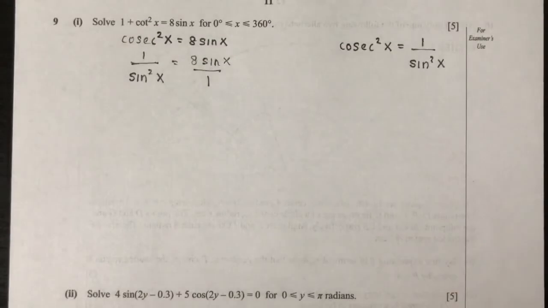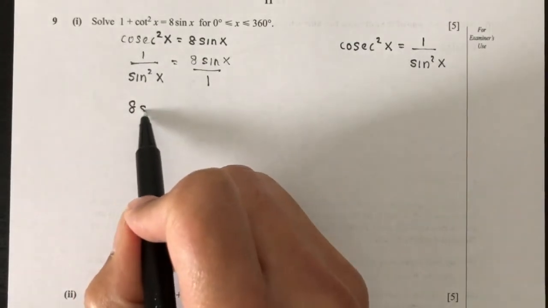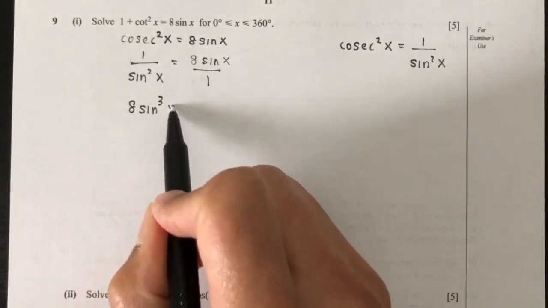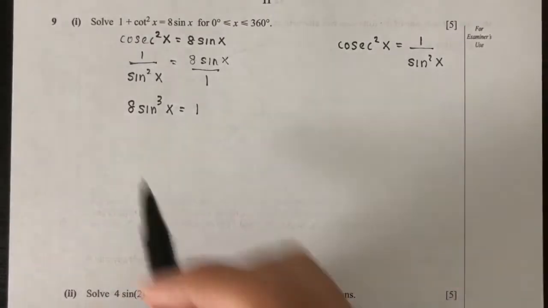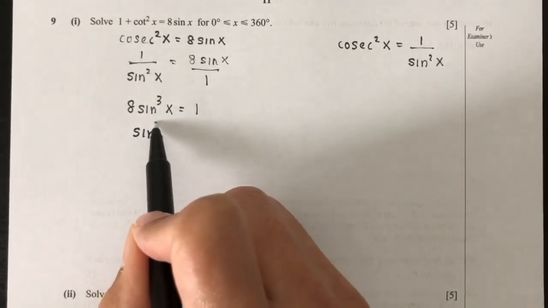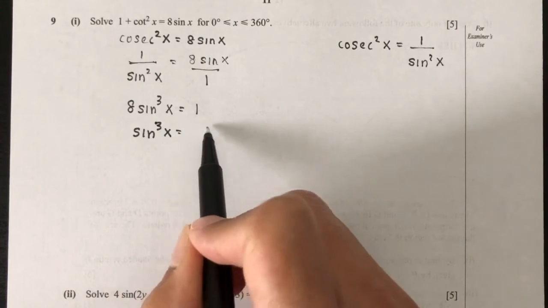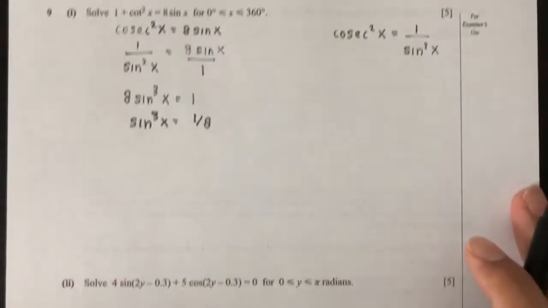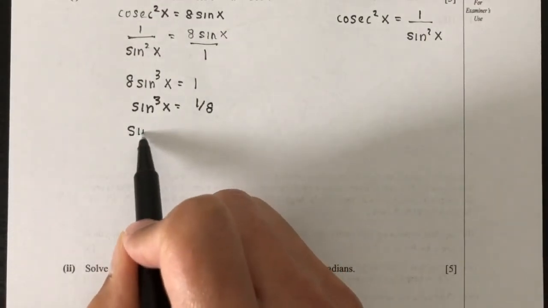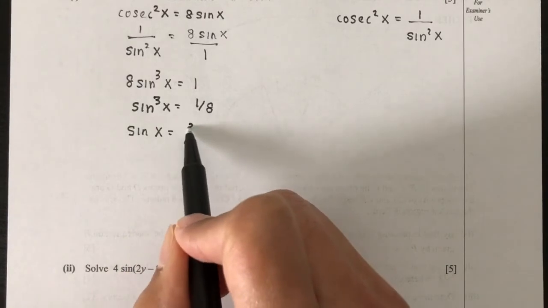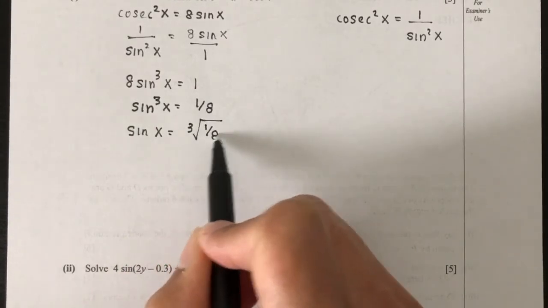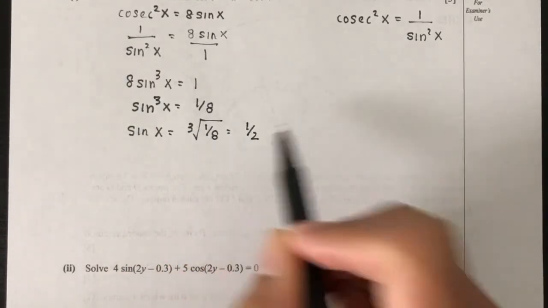Now we have to cross multiply. You will have 8 sine cube x is equal to 1. Now sine cube x is equal to 1 over 8, which makes sine x become the cube root of 1 over 8. That will be 1 over 2.